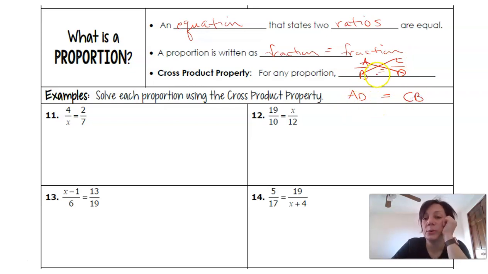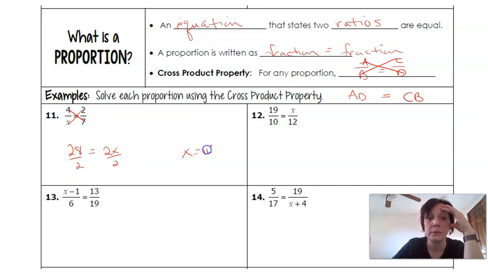And what that's going to do is, in one step, get rid of both fractions, and what you should have on your hands is a one-step equation. So if you look at number 11 here, I'm going to do 4 times 7, that's 28. I'm going to do 2 times x, that's 2x. All I have to do to finish this equation out is divide by 2 on both sides. You literally create yourself a one-step equation.